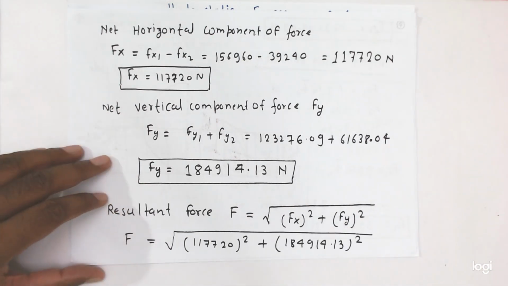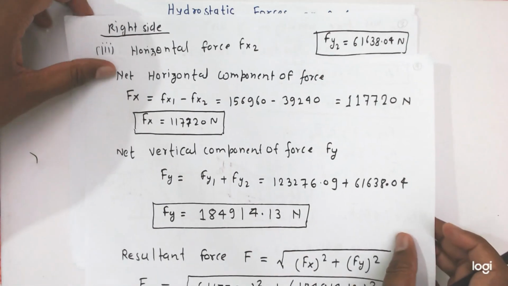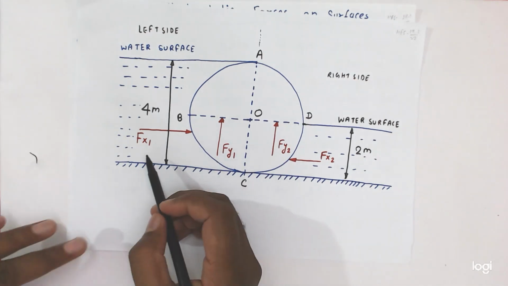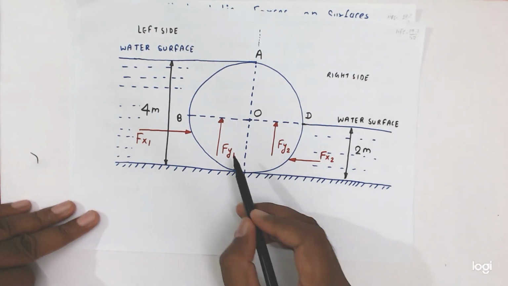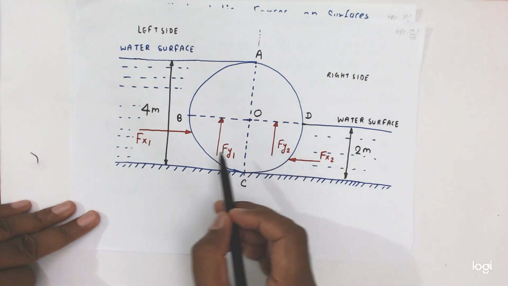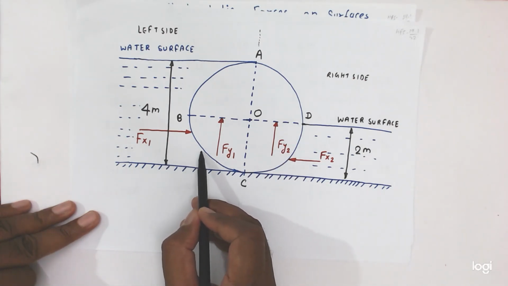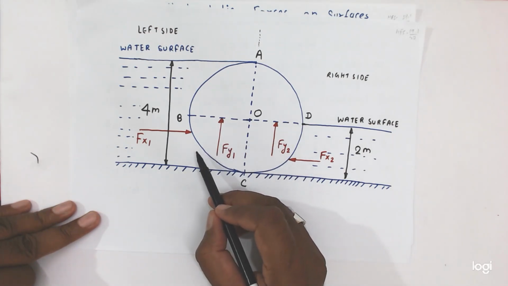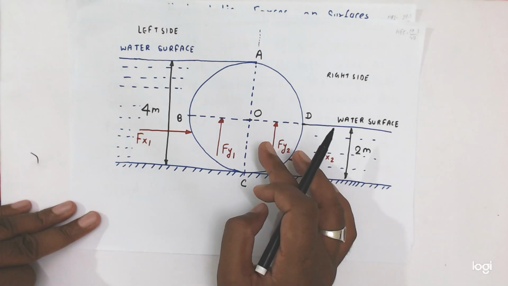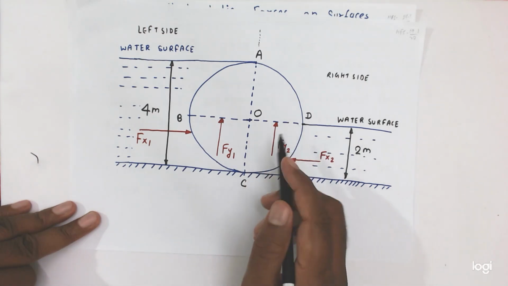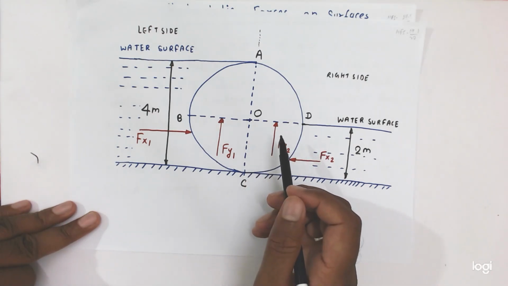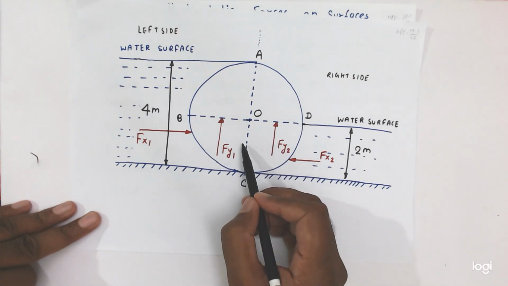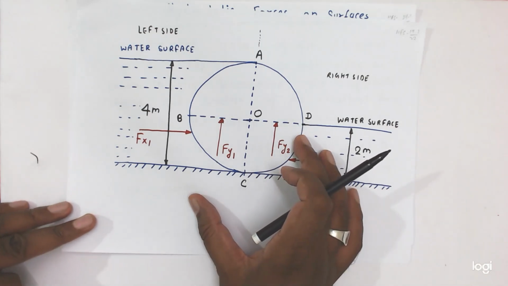It means friends, here you see this is the fx1 and this is fx2, this is fy1 and this is fy2, but somewhere net horizontal force is working and somewhere net vertical component of force is working. So what is the location of net horizontal force and what is the location of the net vertical force? We have to determine. Okay friends, getting? Net horizontal force and net vertical force location we have to determine.